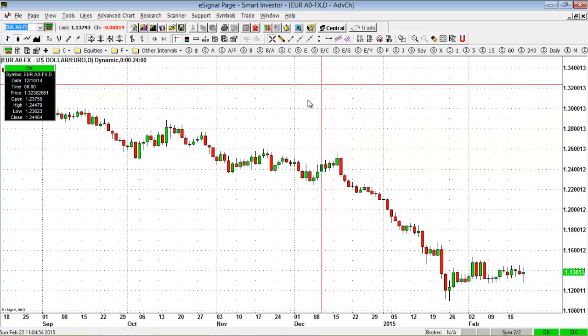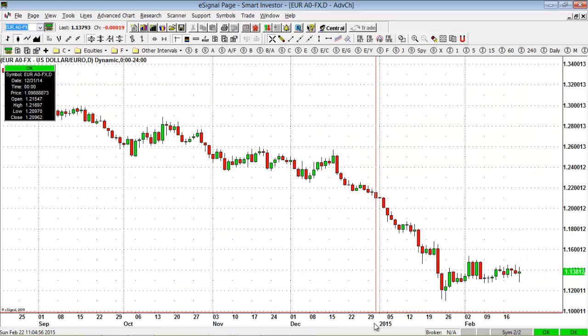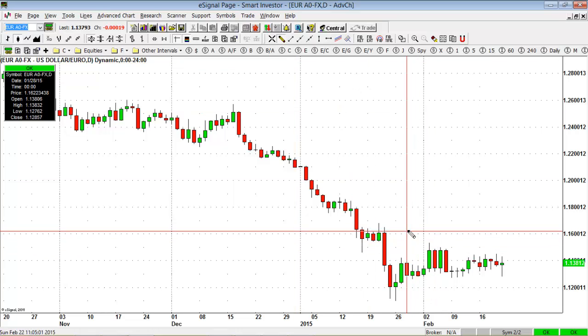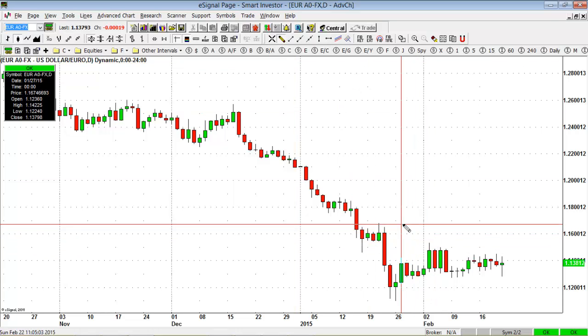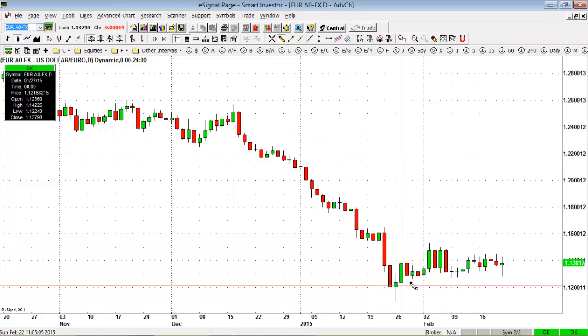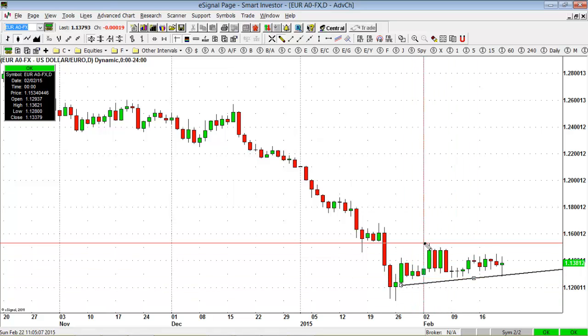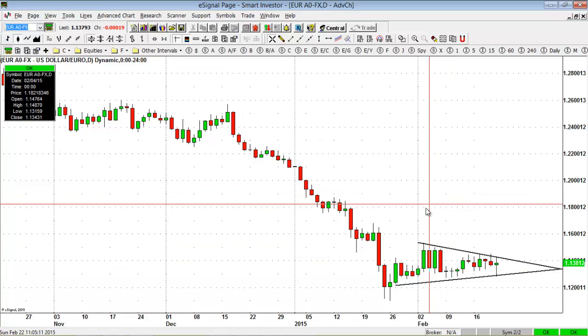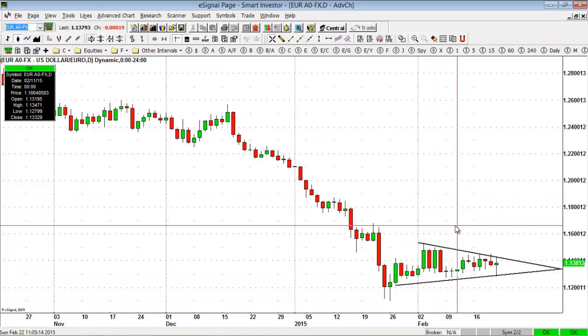Translating that to the daily chart of the euro, you see that we have a similar consolidation pattern here, where the market is in a roughly triangular consolidation pattern. So this could move to the downside, similar to the dollar index, 80% of the time, and 20% of the time the market could rally.